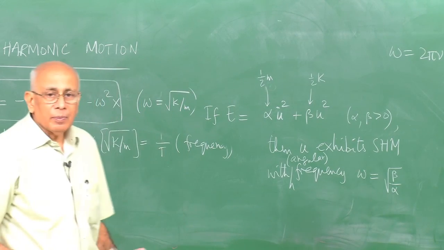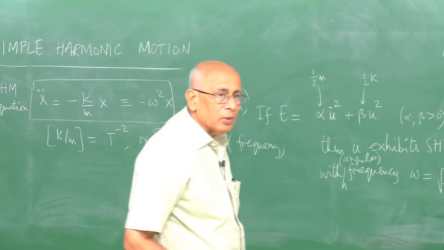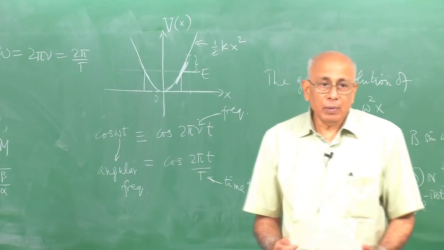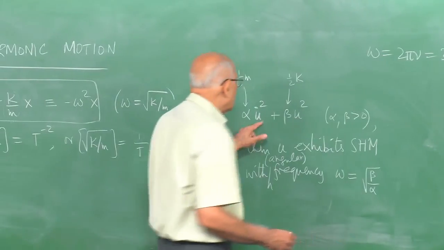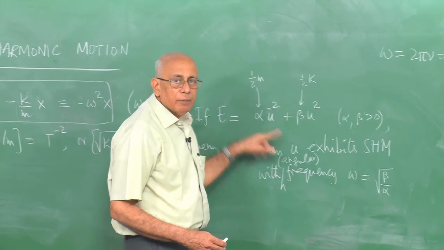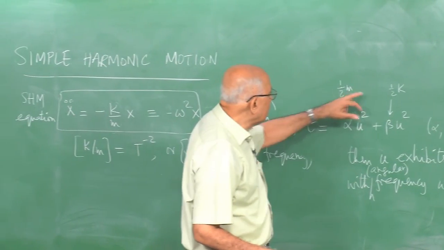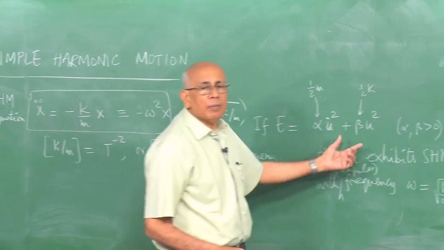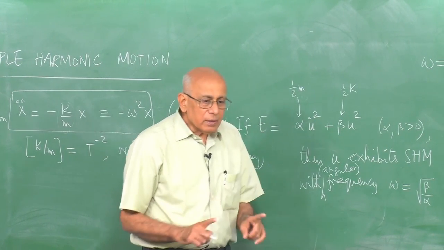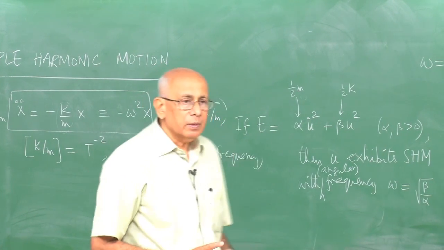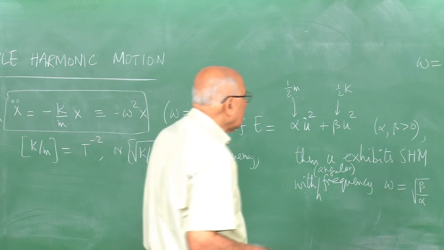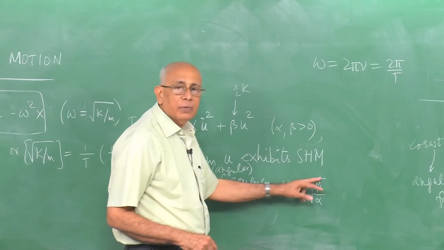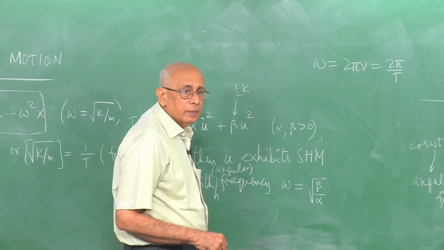In any physical problem, if you want to find out if the motion is simple harmonic, write down the expression for the total energy by whatever physical argument, and if it turns out to have the sum of these two squares with positive coefficients, you are guaranteed that the dynamical variable whose energy is given by this expression will vary simple harmonically with time, periodically with sines and cosines as the functions, with an angular frequency which is the square root of this ratio here.